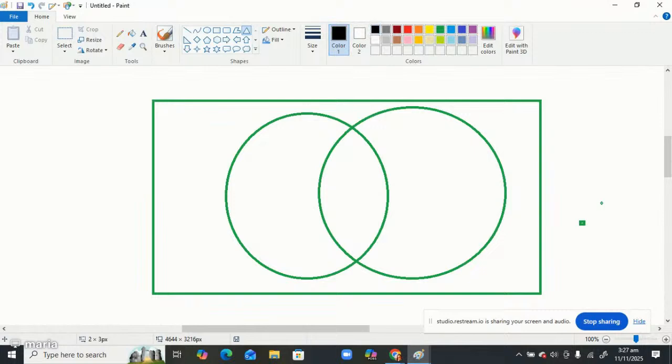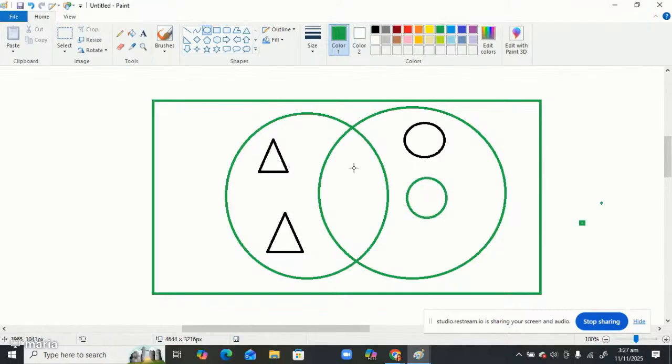So look, if they are saying, here I'm going to draw the triangles, then here a circle, here is the green circle.